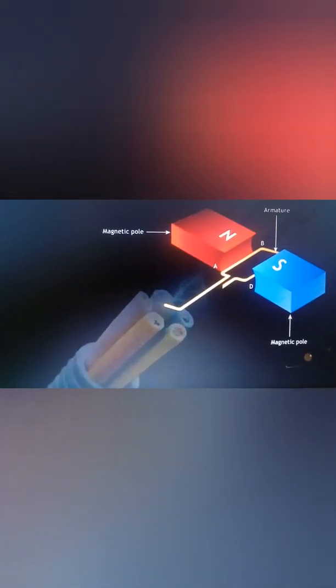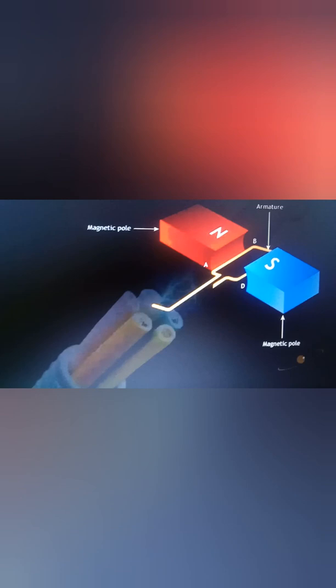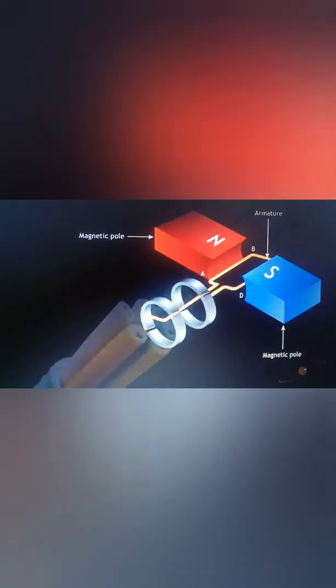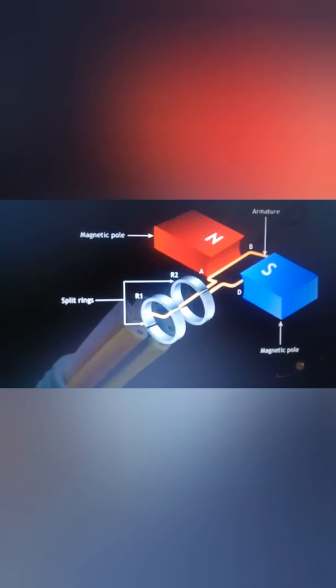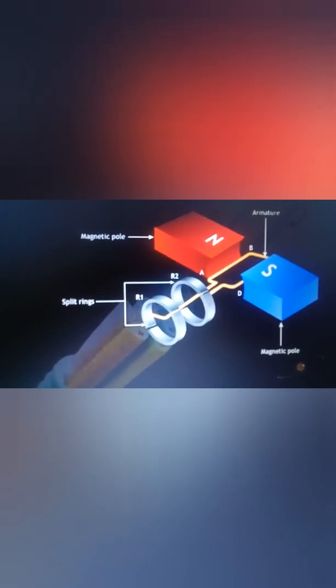An electric generator consists of a rectangular coil ABCD of insulated copper wire called the armature, placed between the two poles of a permanent magnet. The ends of the armature are connected to two rings called slip rings, which are insulated from inside.